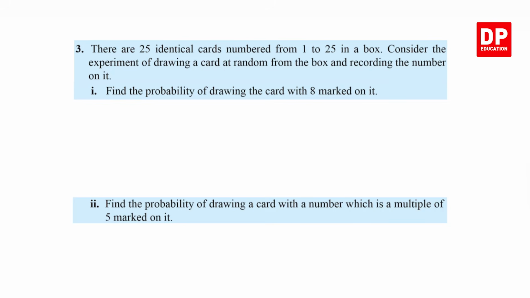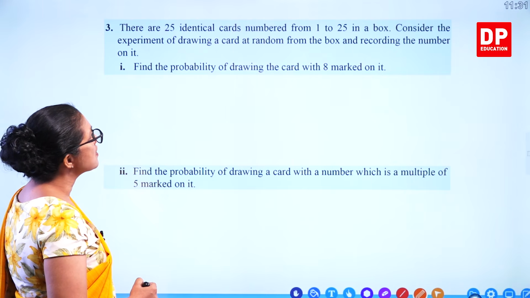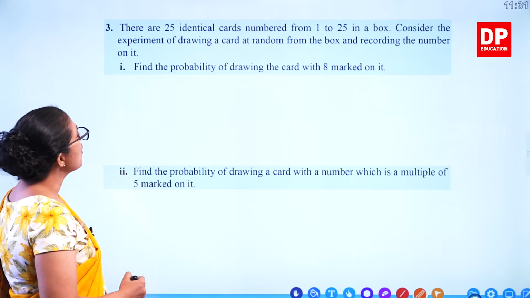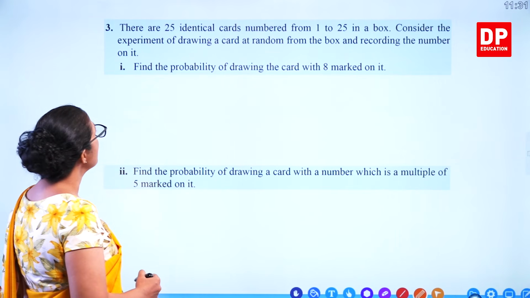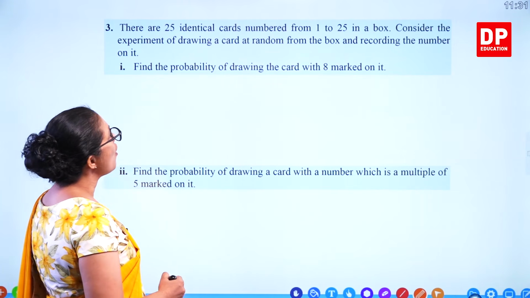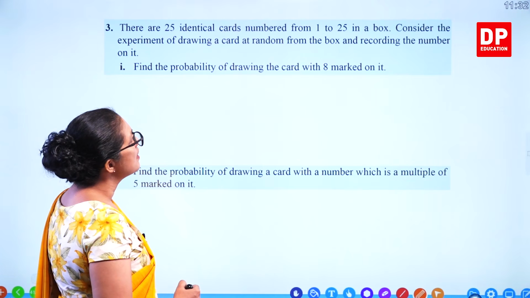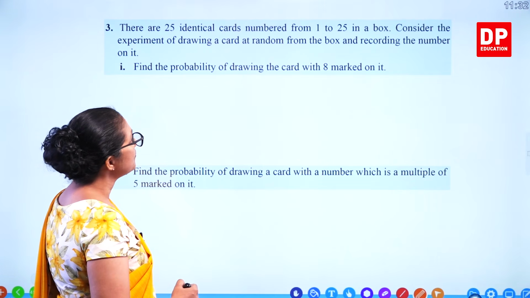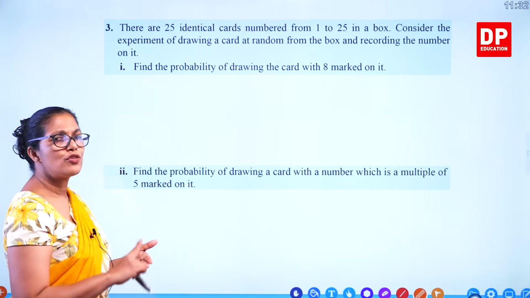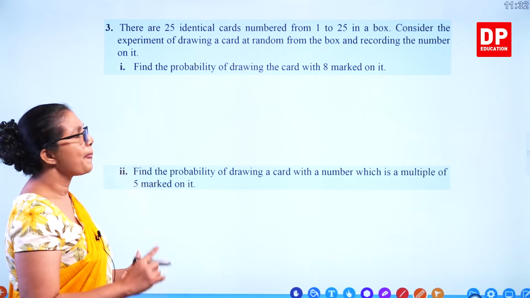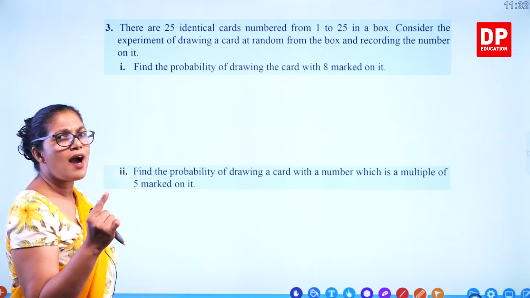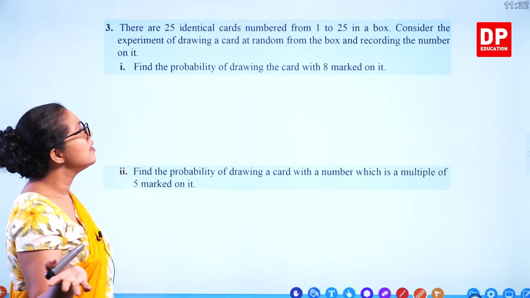There are 25 identical cards numbered from 1 to 25 in a box. Consider the experiment of drawing a card at random from the box and recording the number on it. Find the probability of drawing the card with 8 marked on it. So when you take 1 to 25, 25 cards are there. 8, only 1 card, 1 out of 25.